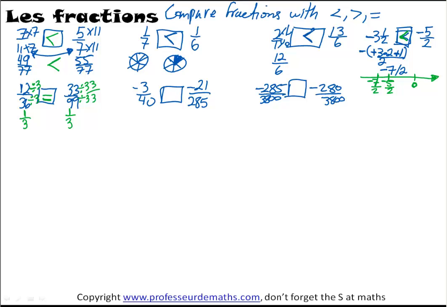So one trick, or one thing you should check for before you multiply those two denominators, is the following. You should ask yourself the question: can you reduce any of those fractions? Because it's going to simplify your work.